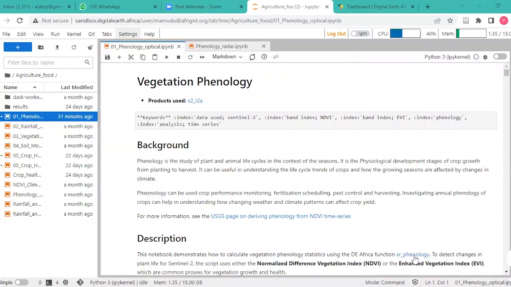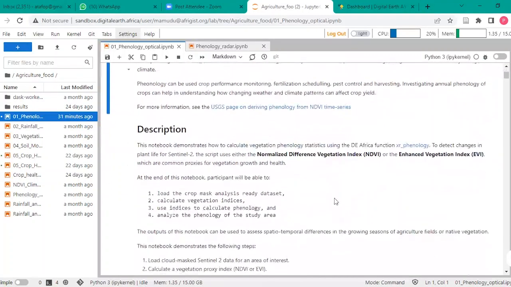We could always go through literature to learn more about what phenology is all about. But in this notebook, we are going to be using NDVI to run the phenology for an area in Nigeria, particularly the Batitin area of Plateau State, Nigeria.